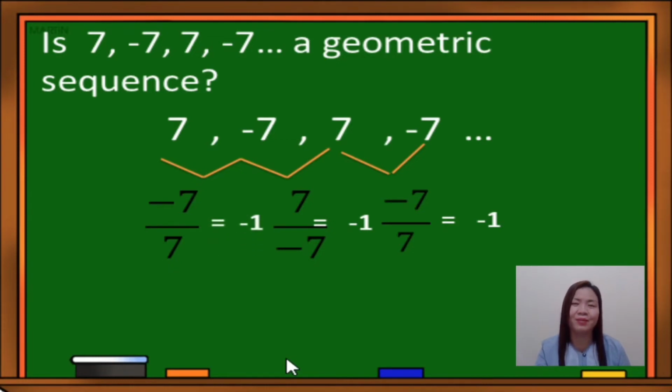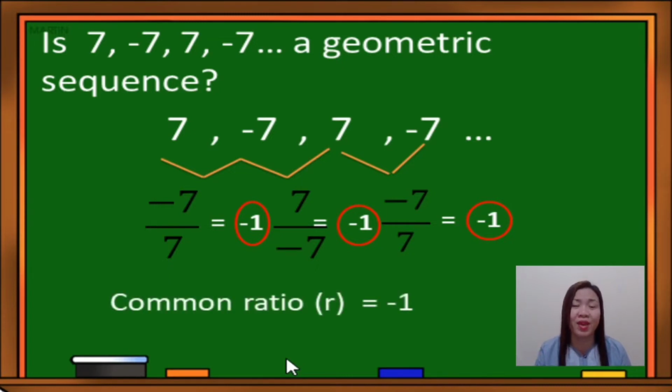Correct. Now all the quotients we have are negative 1, and they are the same, or equal. Therefore, we can conclude that the common ratio is negative 1.